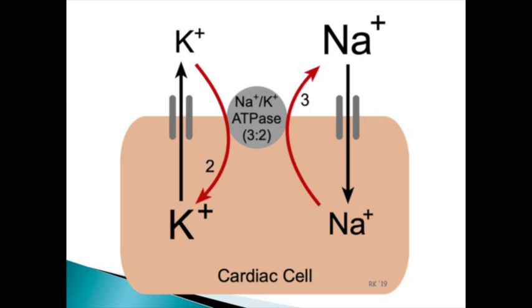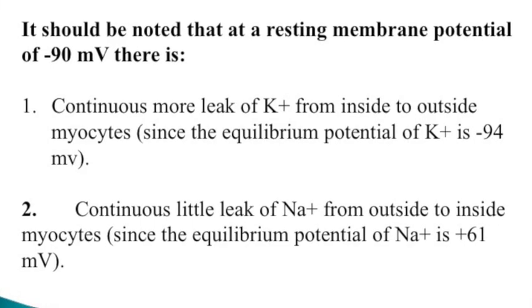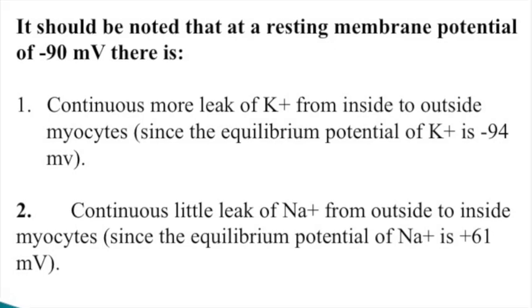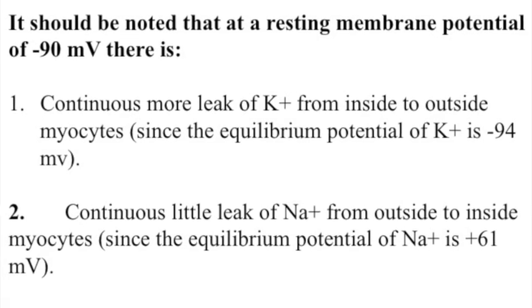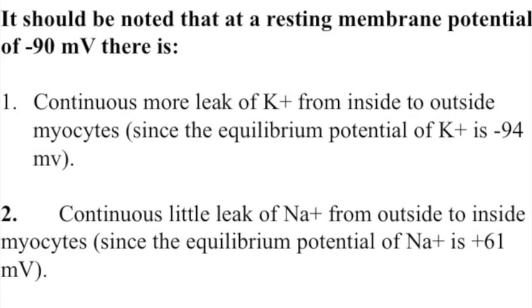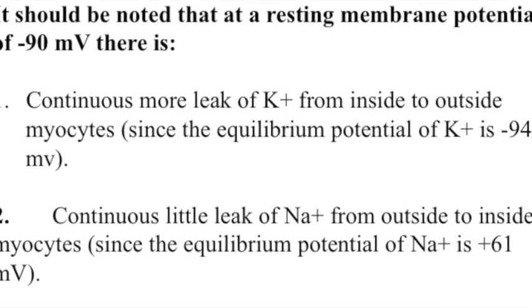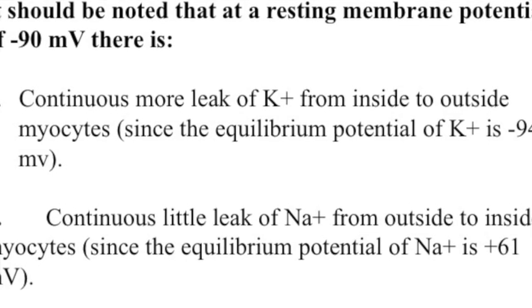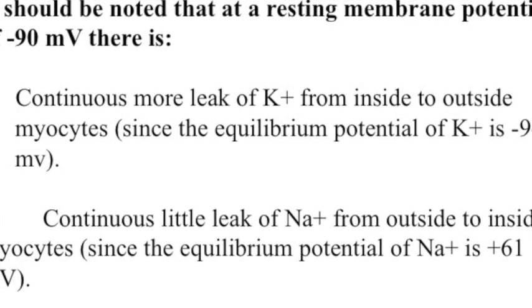In my mind, the figures and the illustrations are very important to help you understand the matters deeply. Slide 27 shows that the resting membrane potential of minus 90 millivolt is very near to the potassium equilibrium potential.